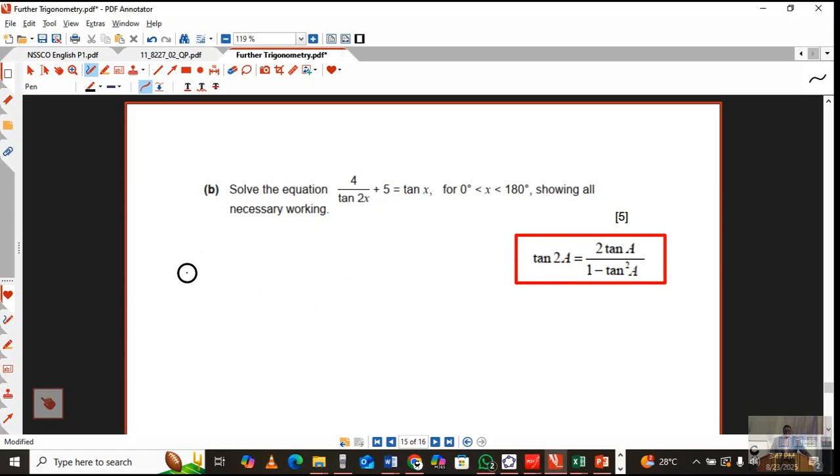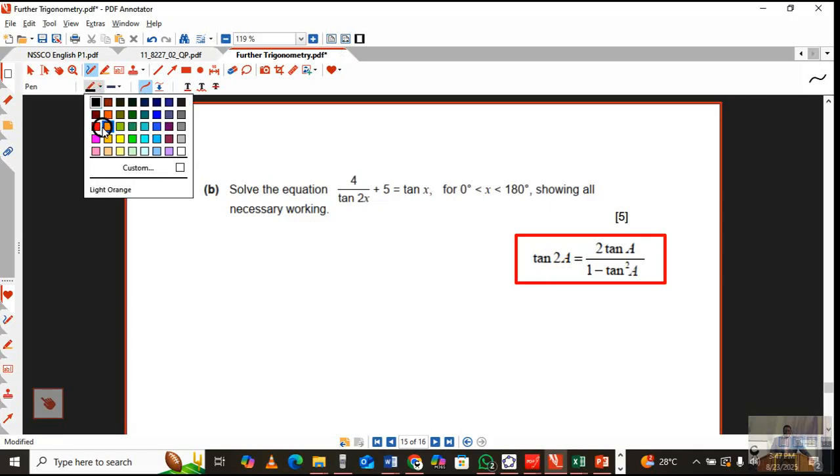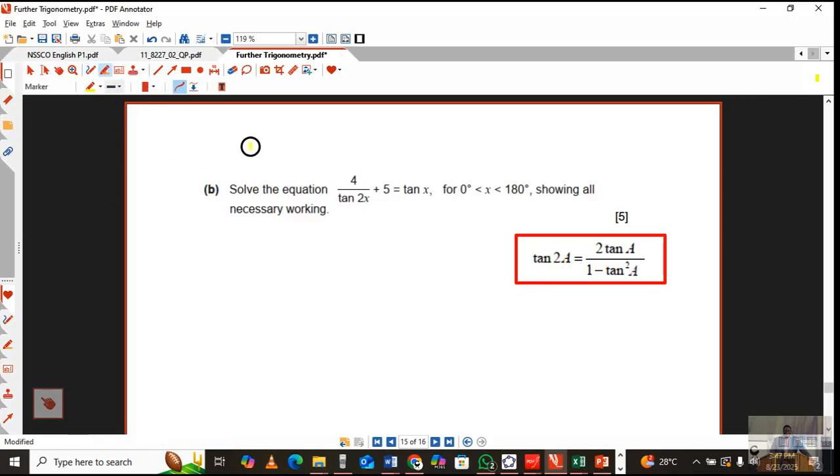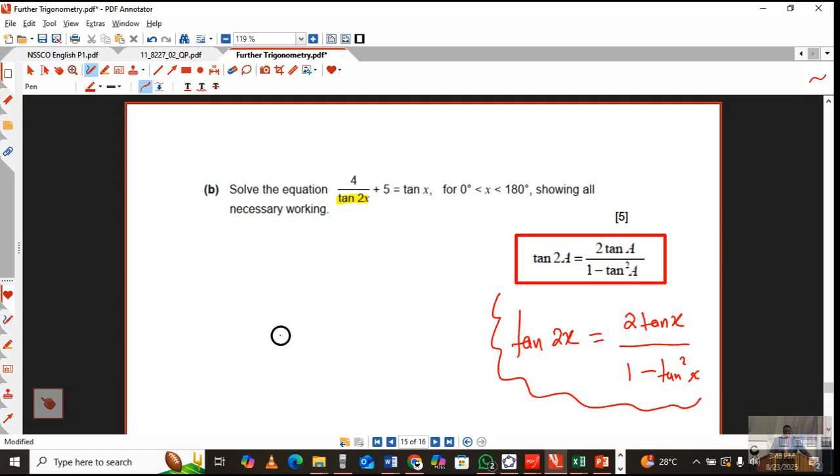So the 4, where I have tan 2x, I'm going to replace that with the formula. But now I'm not going to use the a, right? So tan 2x is going to be 2 tan x all over 1 minus tan square x. That's what you have to do. You use this to guide you. So this is going to be 4 upon 2 tan x.